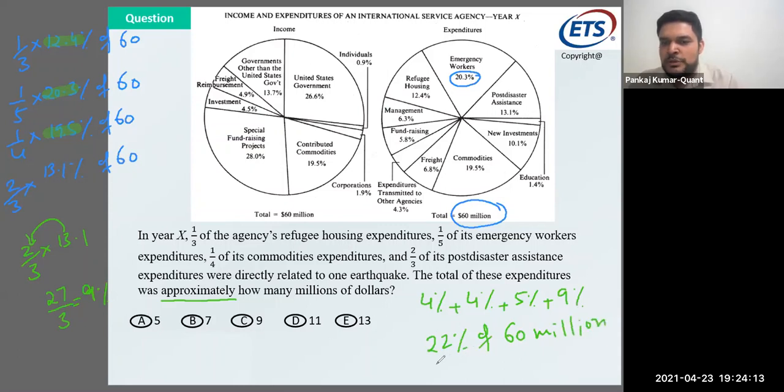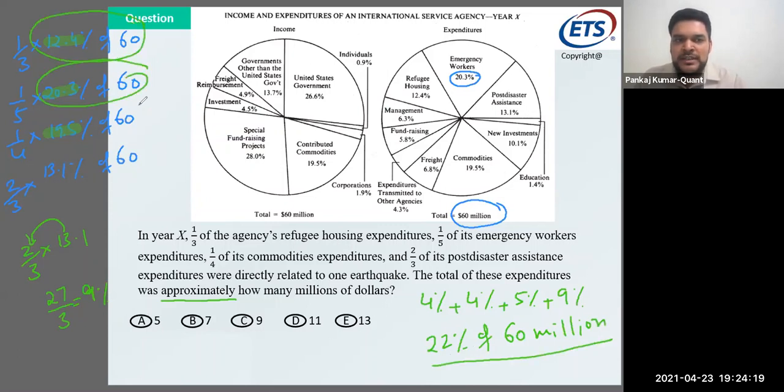I hope everyone got what I'm doing here. I have not calculated this first, and not calculated this. And then I took 1/3, 1/5, 1/4, 2/3, and then I have addition. No, I just simply did 1/3 of 12, 1/5 of 20, 1/4 of 20, 2/3 of 13.1. And that's how I did it.